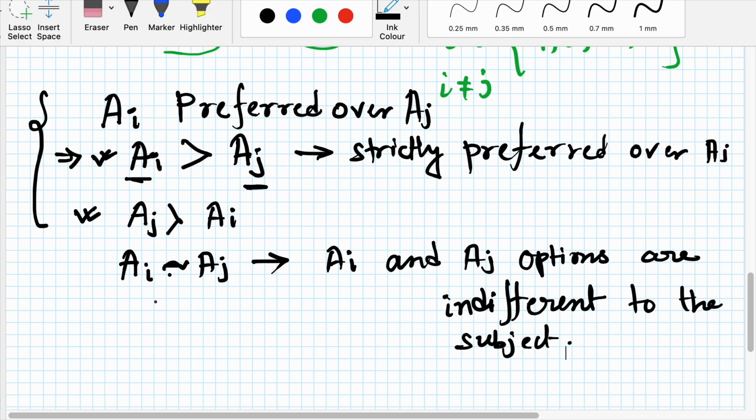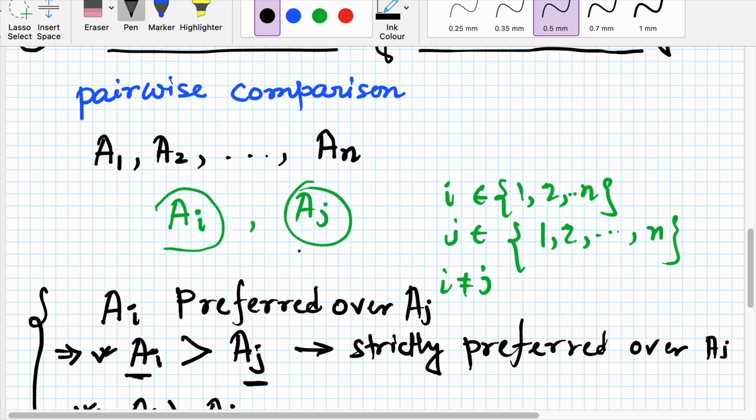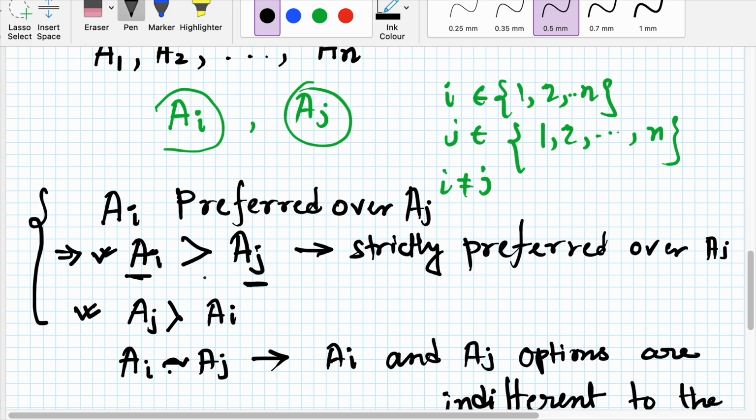So in the pairwise comparison, if I present any two among the n options, suppose ai and aj, then either ai is preferred over aj, or aj is preferred over ai, or ai is indifferent with aj.